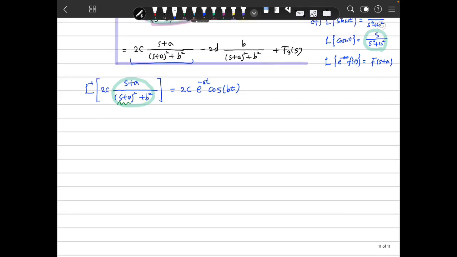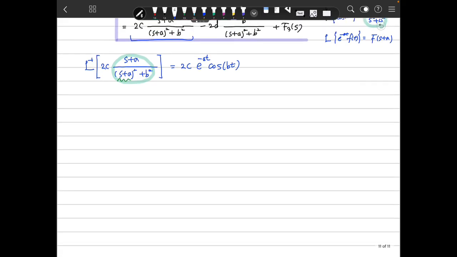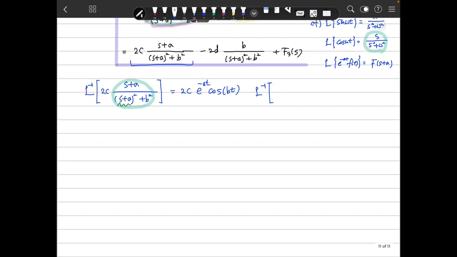In the same way, we get the term B over S plus A squared plus B squared, which gives exponential minus at sine bt.